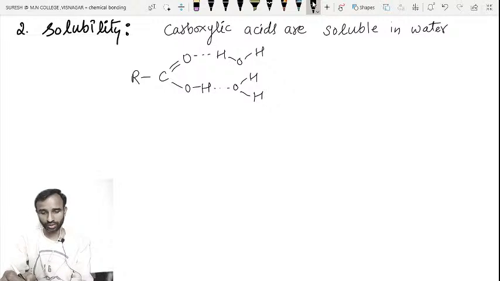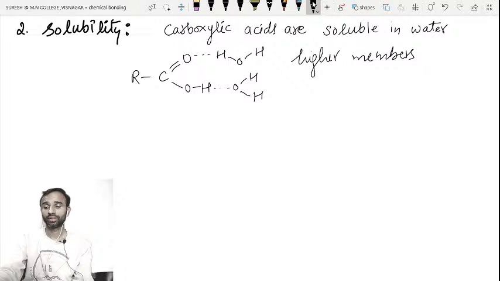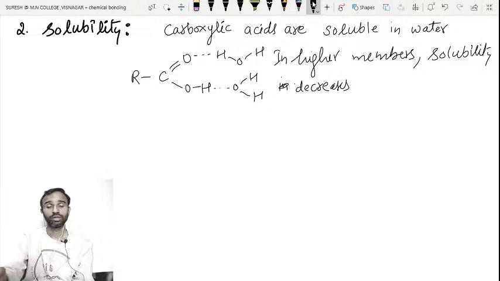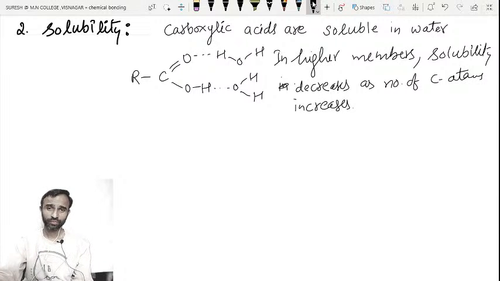Means lower members are soluble in water, but for higher members solubility decreases. Solubility decreases as the number of carbon atoms increases. Why is it so?